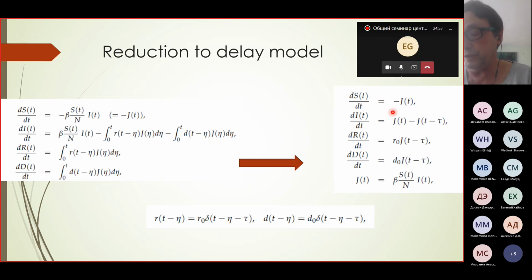Then here it will be with point-wise delay. Why do we do that? Because these distributions of recovery and death, in some cases they are more or less known. For other cases they are not known.